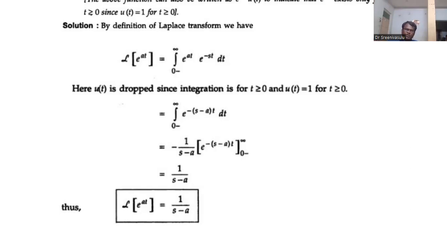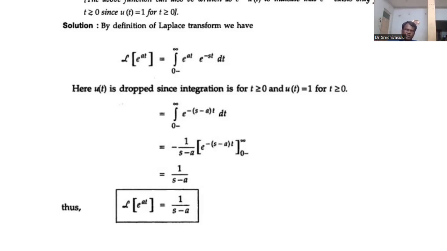If you substitute the upper limit, e power minus of s minus a into infinity, there is a minus. Suppose we take s minus a less than 0, because the ROC is a condition here. Then s minus a is negative, and minus into minus is plus, so we get e power infinity, which does not exist.